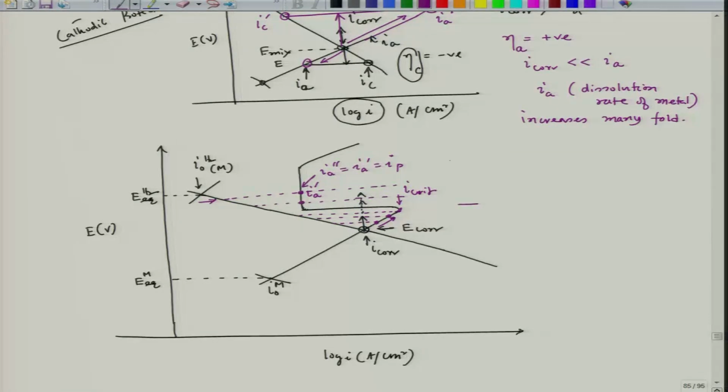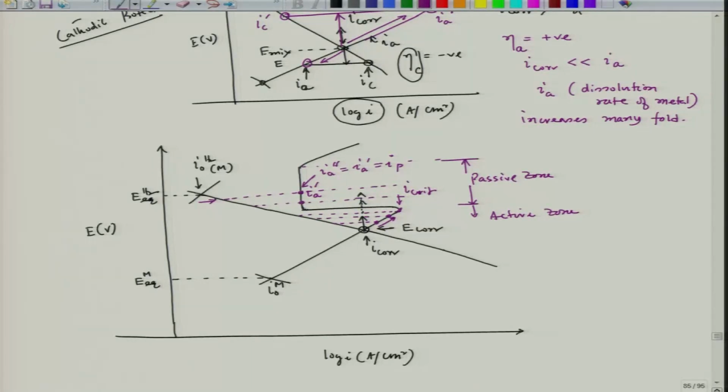Since this particular zone is the passive zone, as per this particular drawing, and below this it is basically the active zone.